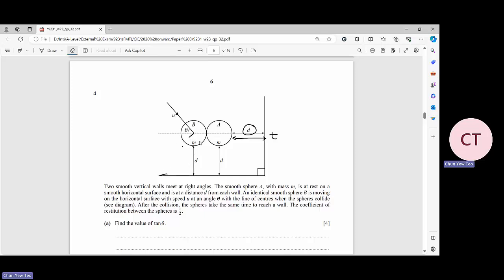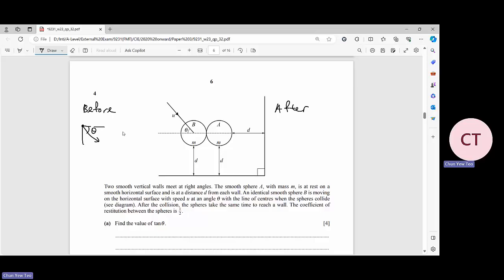So what we need to do now is set up our things over here properly. We have before collision and after collision. Before collision, only B is moving. This is the theta.